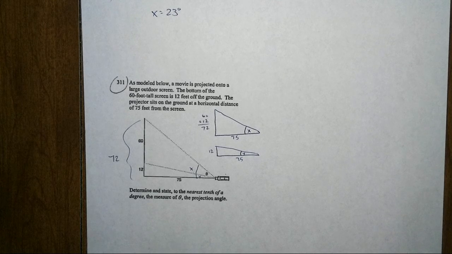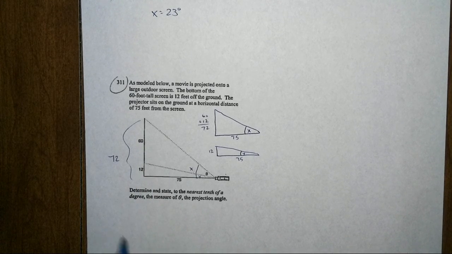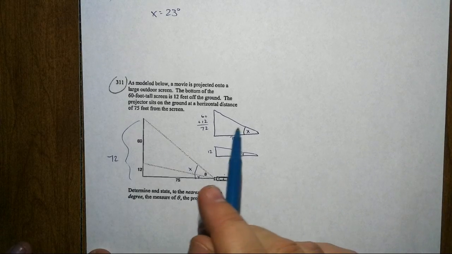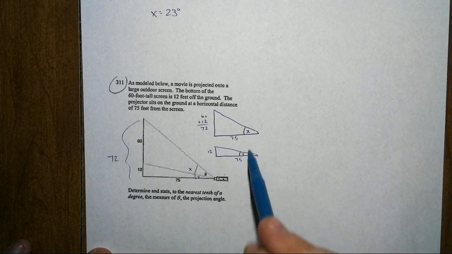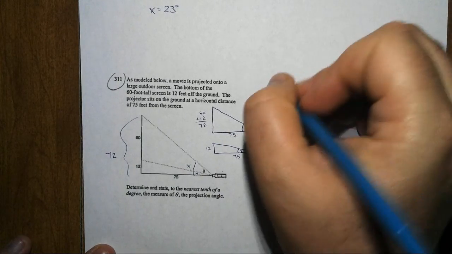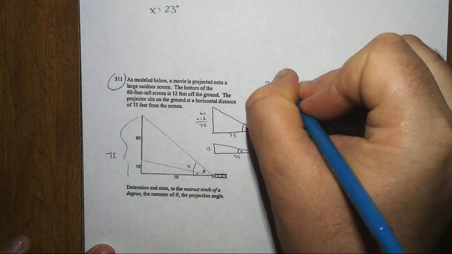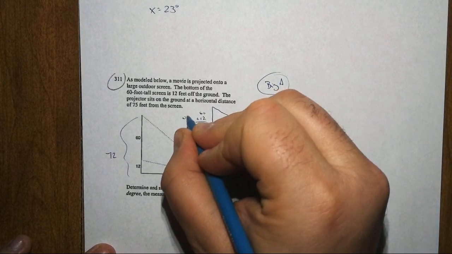Now, can we do it a different way? Sure. We can figure out the angle measures and use law of sines, but it's a little bit tougher that way. So what we're going to try to do is figure out using SOHCAHTOA the two angle measures and then just subtract them. So let's take a look at the big triangle first. In the big triangle, we have the opposite side over here.